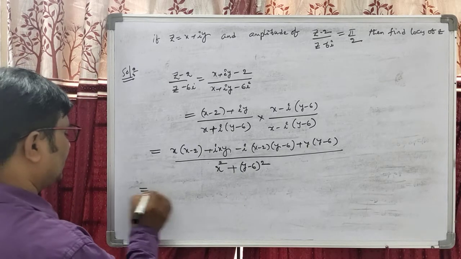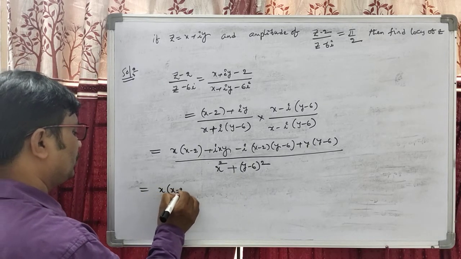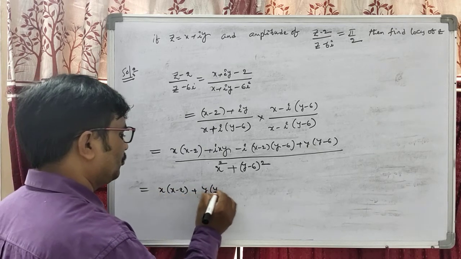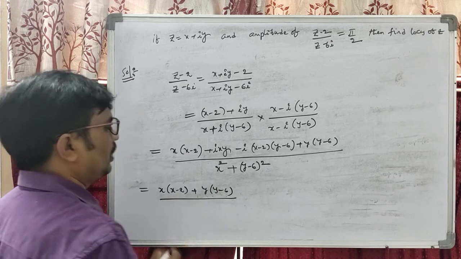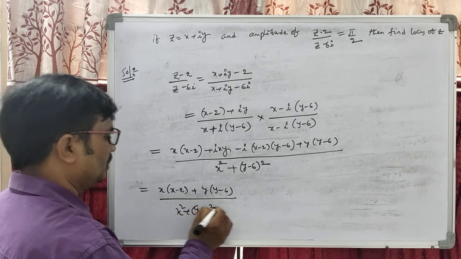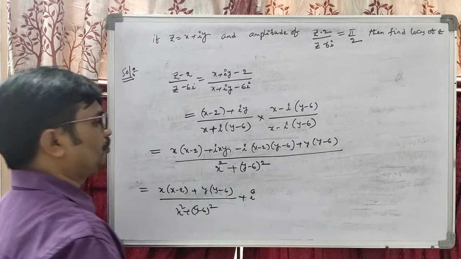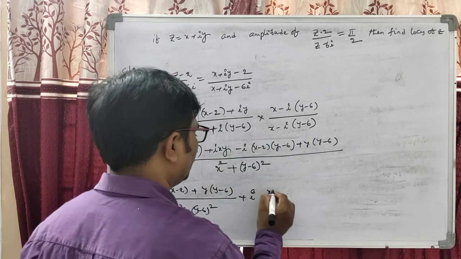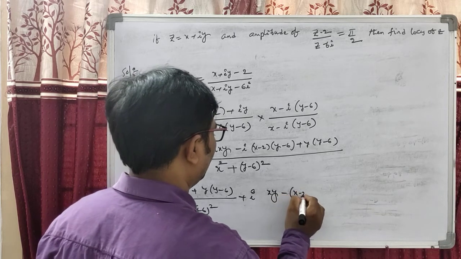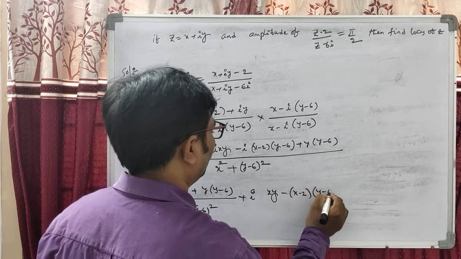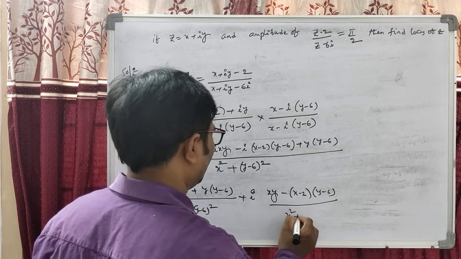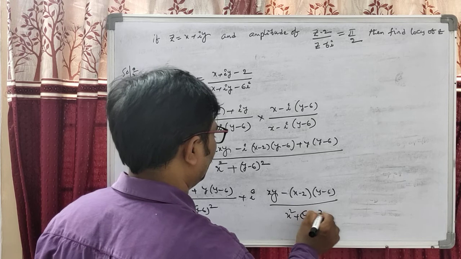What is it, students? The real part is x into (x minus 2) plus y into (y minus 6) upon x squared plus (y minus 6) whole square. The imaginary part i is xy minus (x minus 2)(y minus 6) upon x squared plus (y minus 6) whole square.